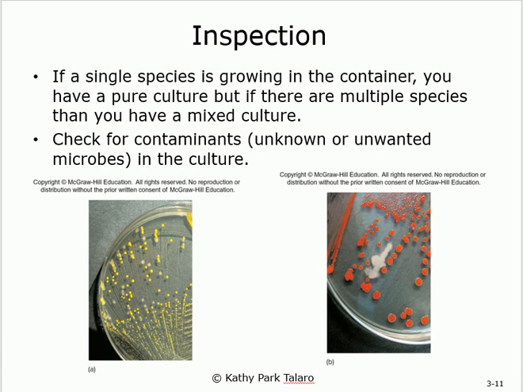Here is one thing that's interesting, and you need to understand it: what if I'm doing a pure culture? Pure culture means one species. So I get some Staphylococcus epidermidis, for example. I put it in, whether by spreading, streaking, or pouring, and then I look under the microscope, inspecting, and I found Staphylococcus epidermidis and E. coli.